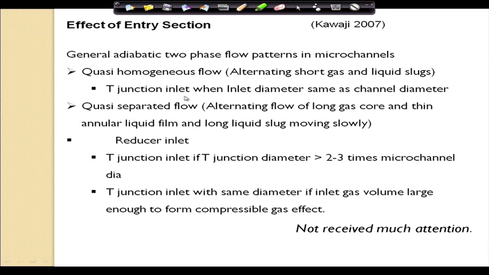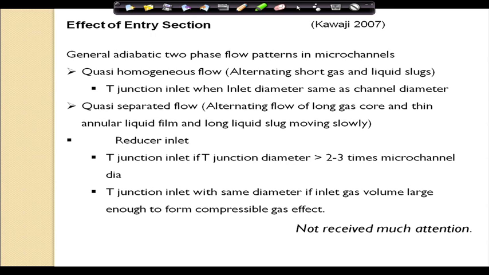It has been observed that usually a T junction inlet gives rise to the quasi homogeneous flow, while a reducer inlet gives rise to the quasi separated flow. Again, more important than memorizing this particular fact is why might this at all happen, because once you understand the logic, it will be easier for you to remember and appreciate the fact.